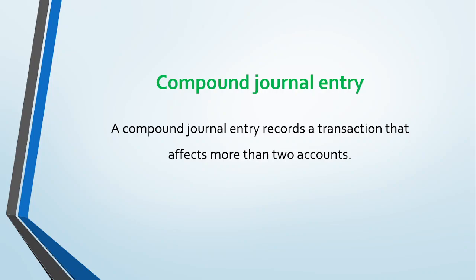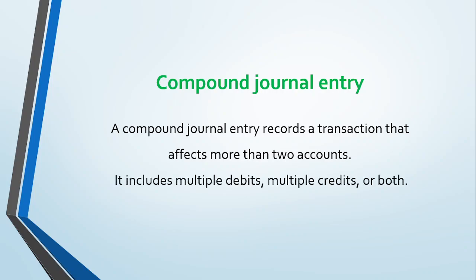Instead, when we are speaking about the compound journal entry, a compound journal entry records a transaction that affects more than 2 accounts. It includes multiple debits, multiple credits, or both. So in a compound journal entry, you can have more GL codes on the debit side, more GL codes on the credit side.